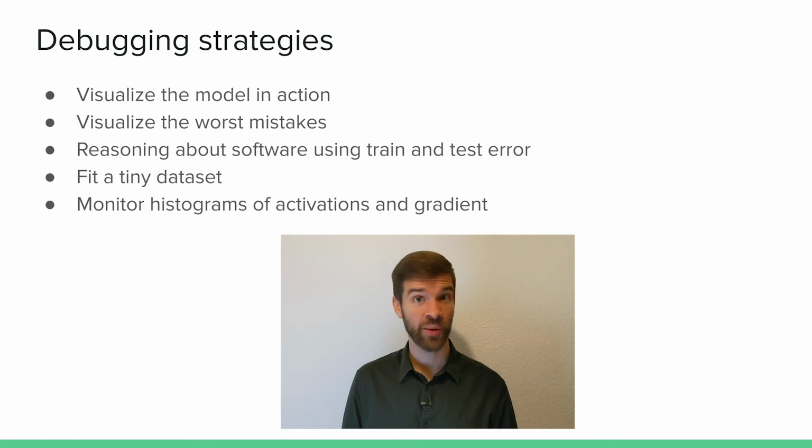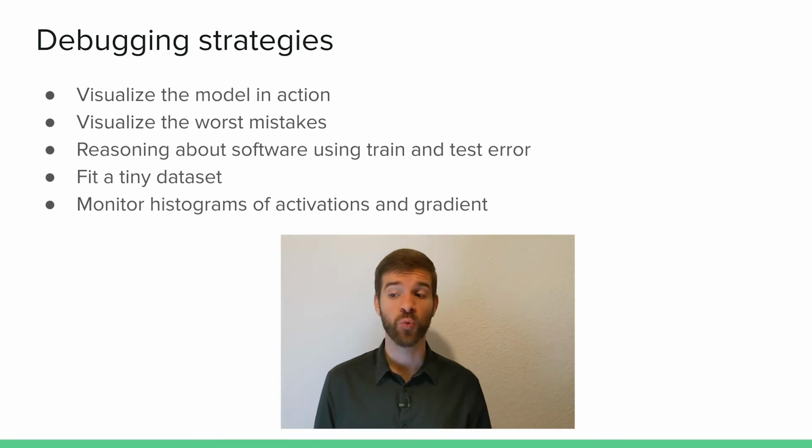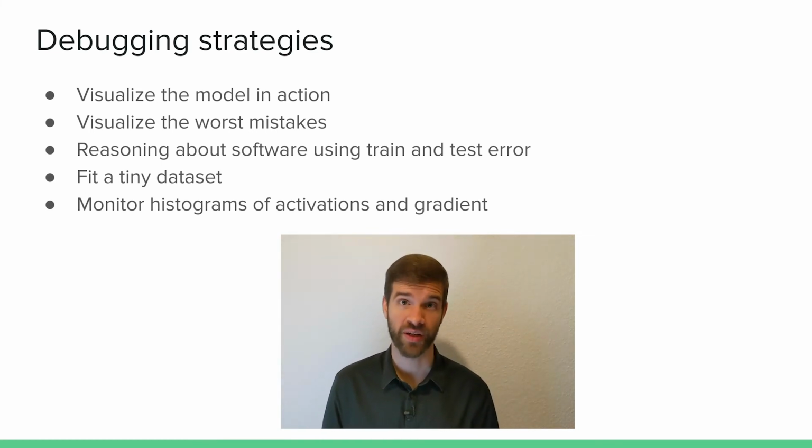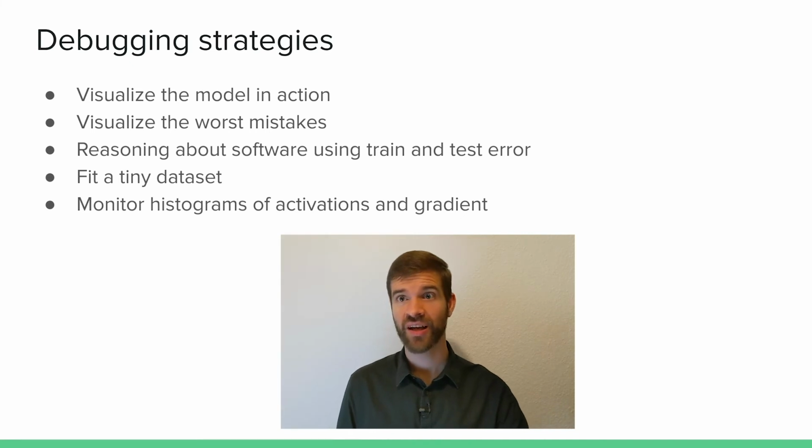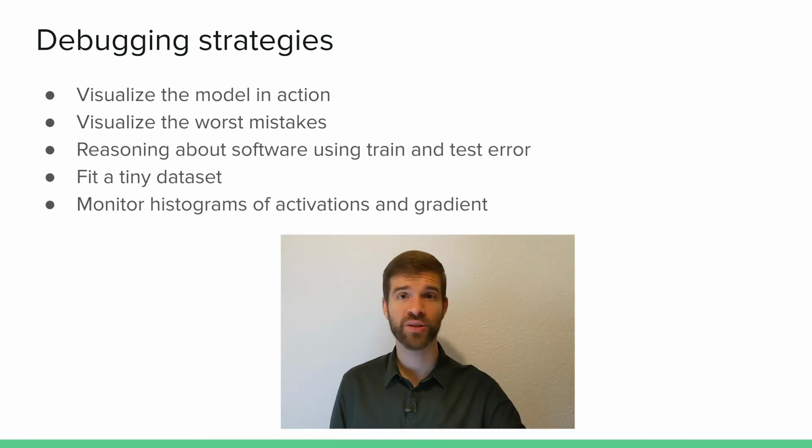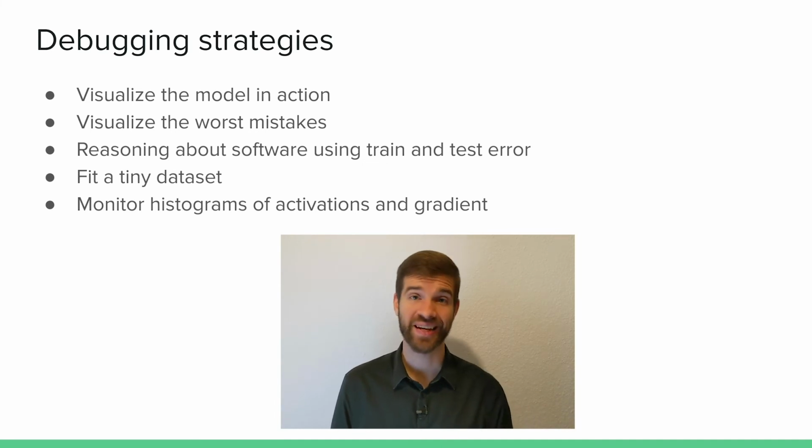What can also be very helpful is if you visualize the worst mistakes that the network makes. So if you have a classifier, create a directory and put in all the samples that were misclassified. I had one example where I was training a neural network to do classification on manually annotated data, and it turned out all of the error cases that the network produced were actually human annotator errors.